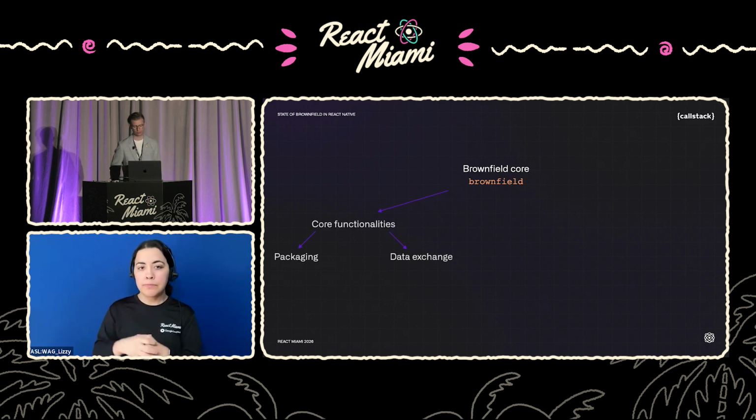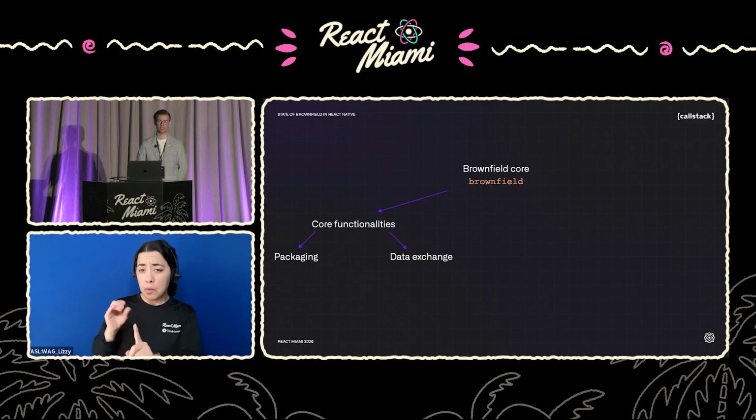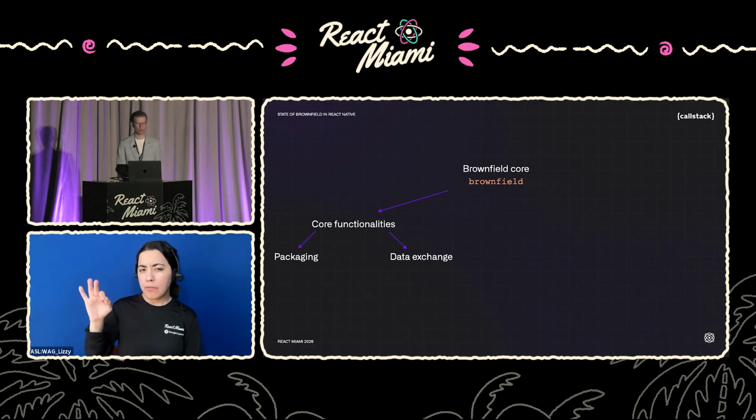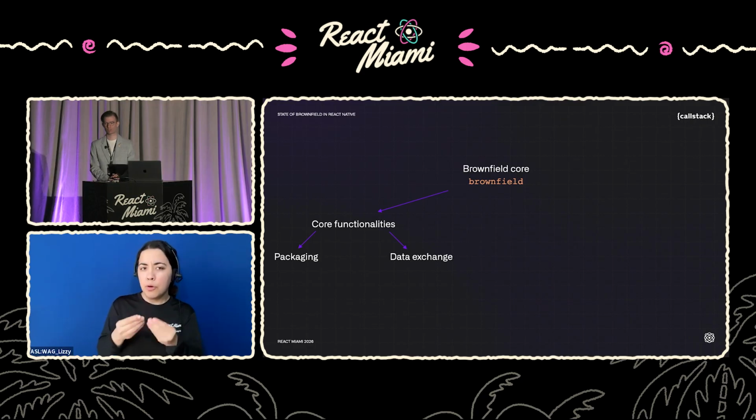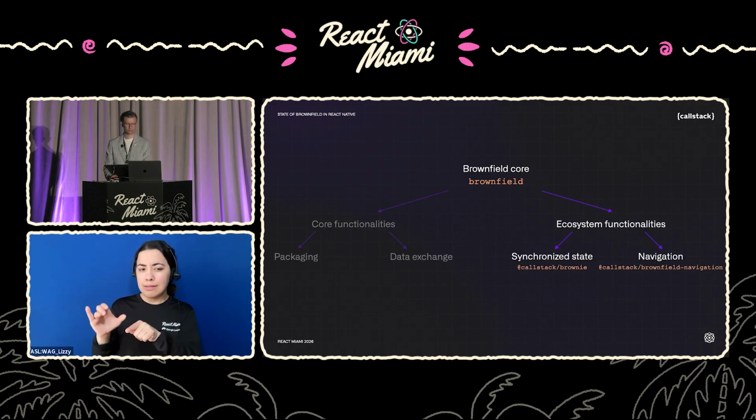The core is named Brownfield, and it provides the necessities for packaging the library, wrapping your application or components. It also provides the things we mentioned in the initial challenges, that is data exchange. We can pass in the initial properties. We can do asynchronous data exchange over the postMessage-like API that we have iterated.